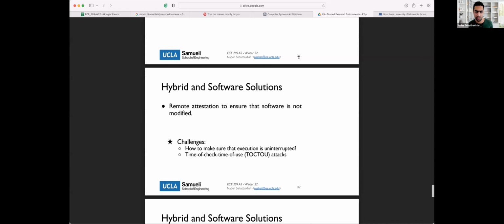And then another challenge, relevant to the first challenge, is time of check, time of use, where essentially we check something at time t, but we actually execute at time t plus x. And in this x interval is when the actual attack happens. So if the attack happens between t and t plus x, then there's no way that we can find out that the attack has happened, right?